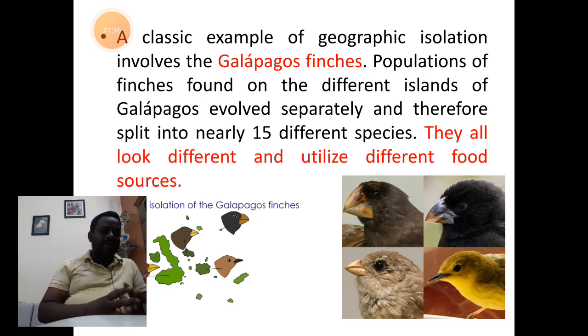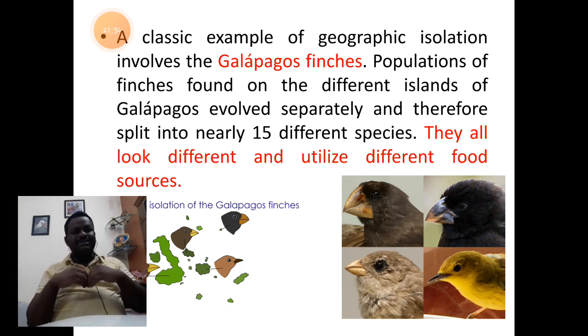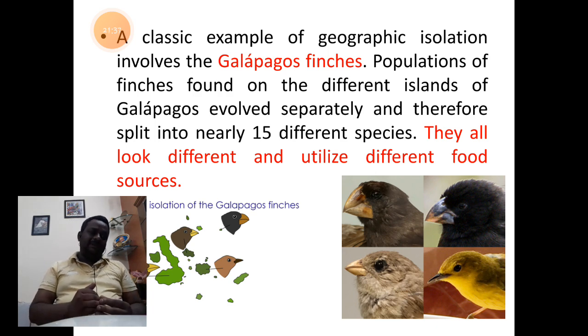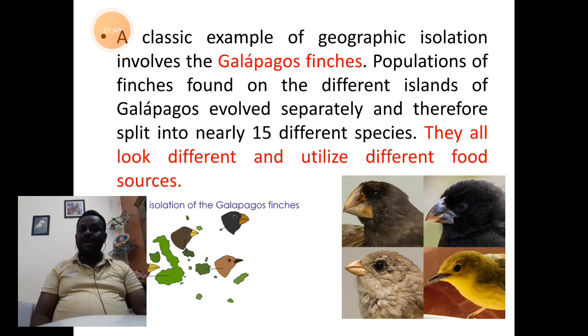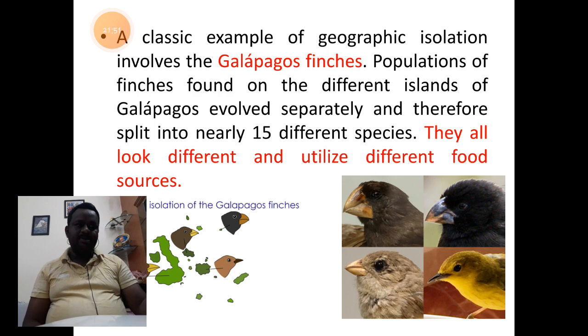They all look different and utilize different food sources. As the food sources are different, the beaks of these species showed variations. So down in the picture we can see their beak modification.